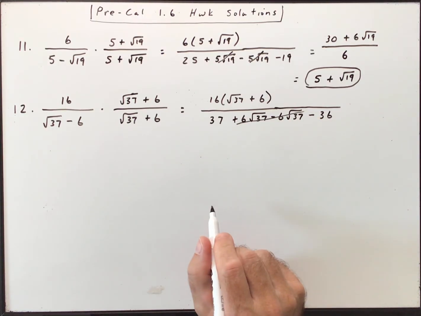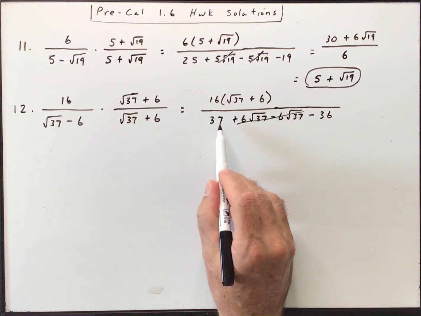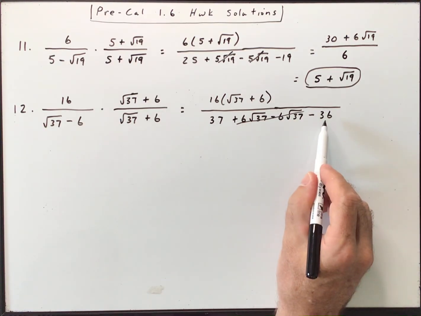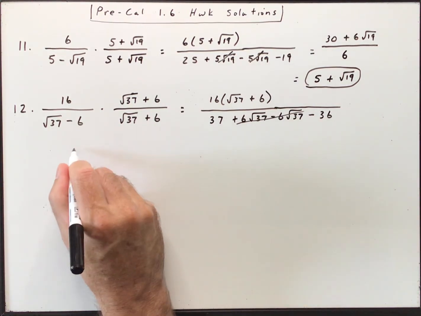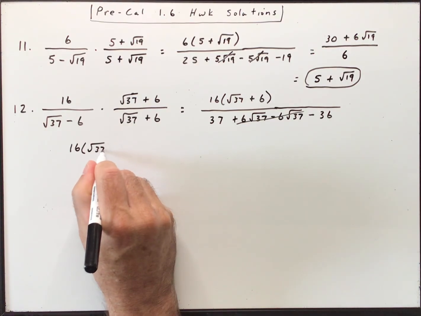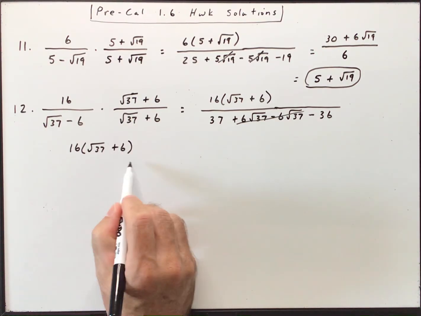All right, so those two go away. So we have 37 minus 36 on bottom. So I've got 6 on top. I have 6 times the square root of 37 plus 6, and on the bottom, I just have 1.